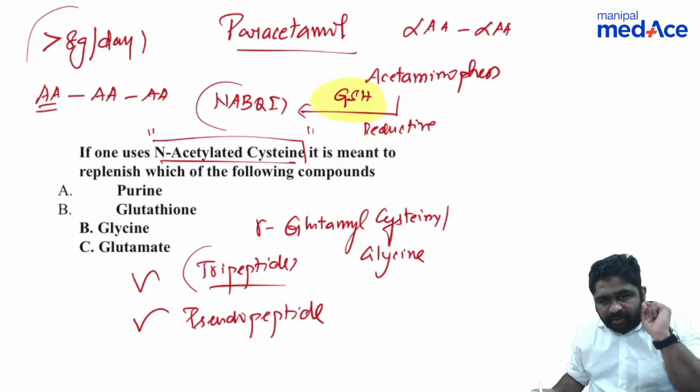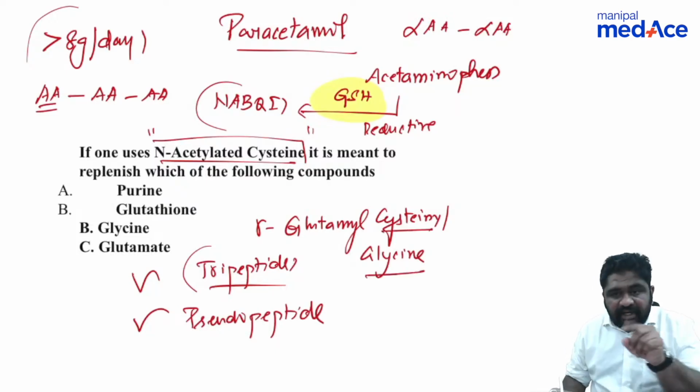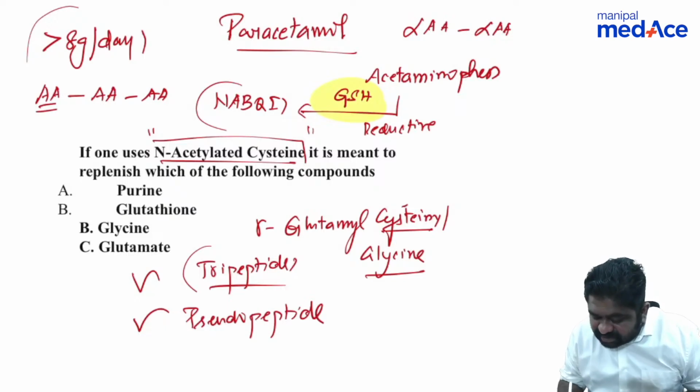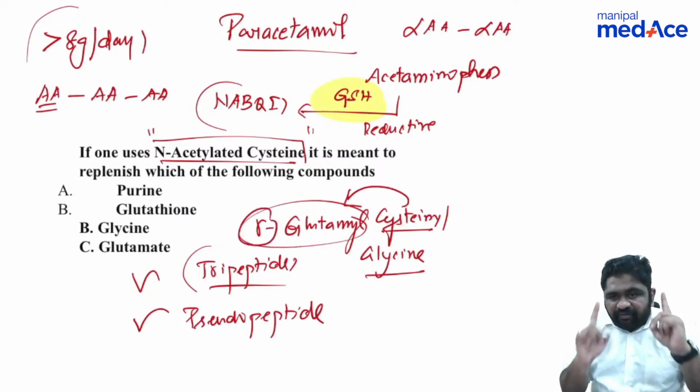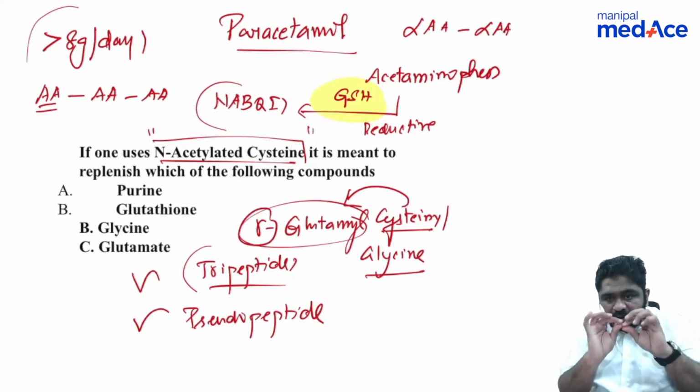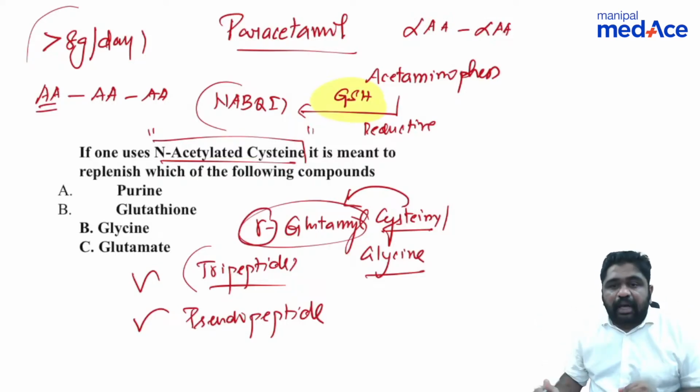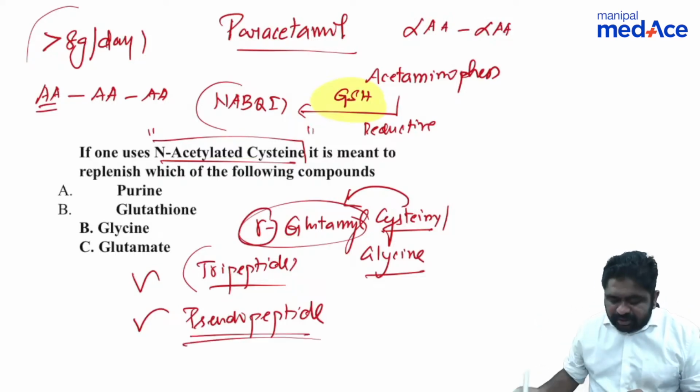Here, cysteine and glycine have alpha linkage, but the cysteine's bond with the glutamic acid is formed at the gamma carbon. Normally, the alpha position is where bond formation happens. Here it is happening in the gamma position, so you call it a pseudopeptide.